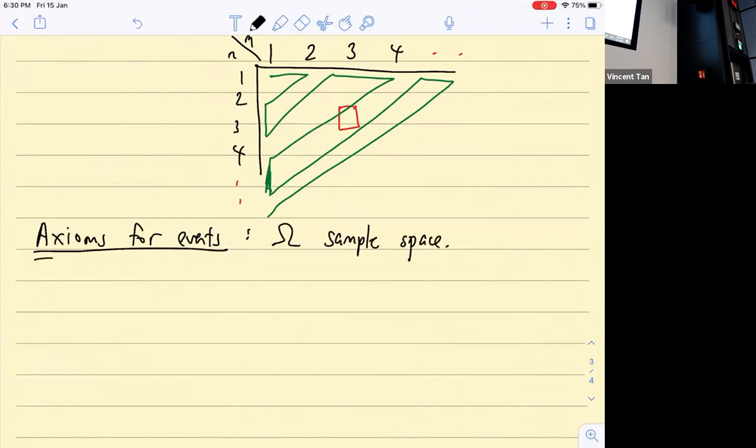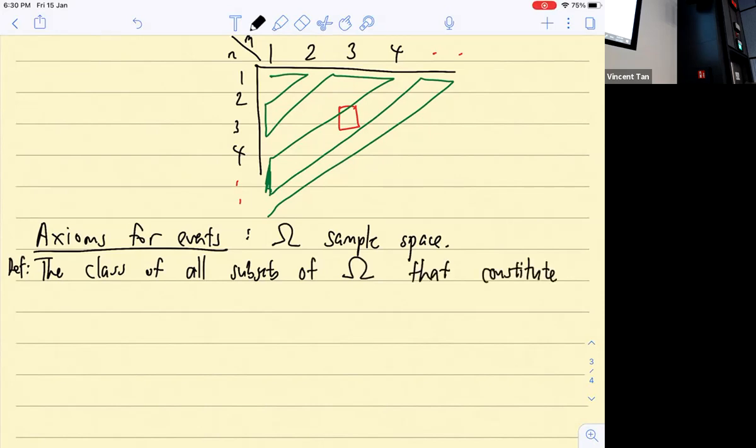Okay, so we have to define a very important notion known as a sigma algebra now. The class definition. The class of all subsets of omega that constitute or make up the set of legitimate events, the set of events which are legitimate subsets, is called a sigma algebra.